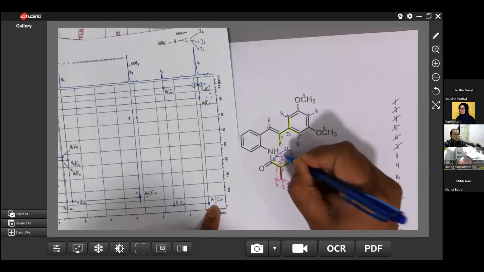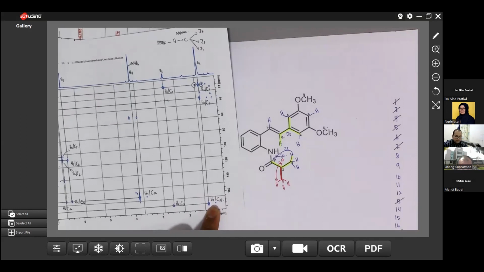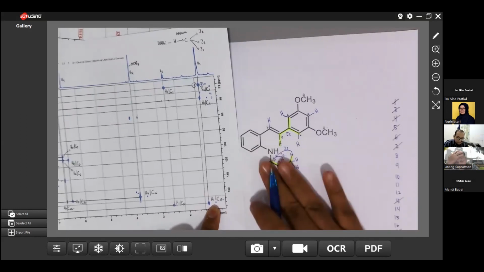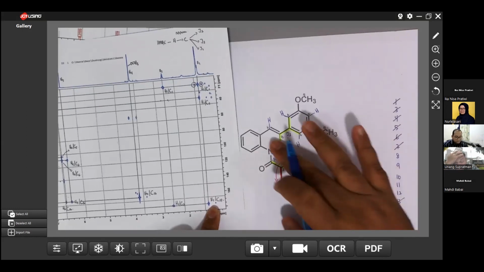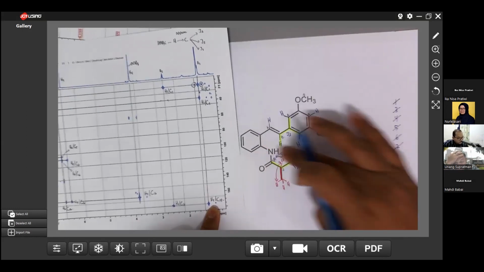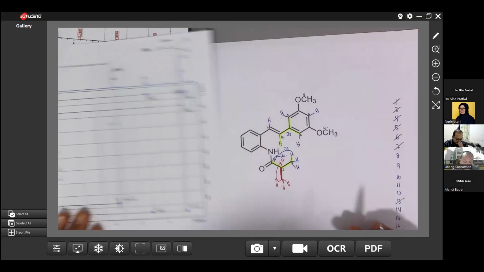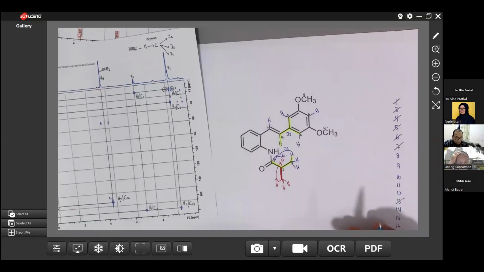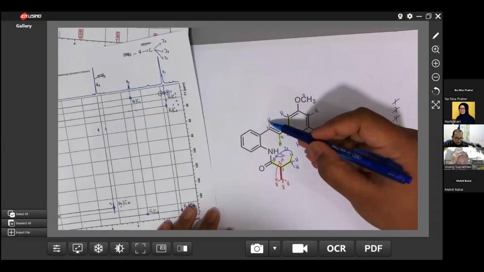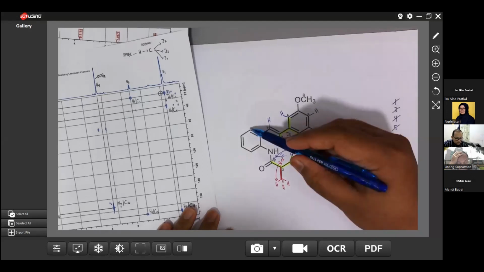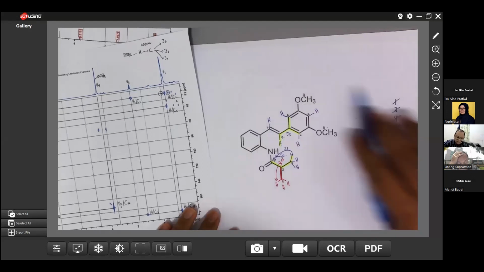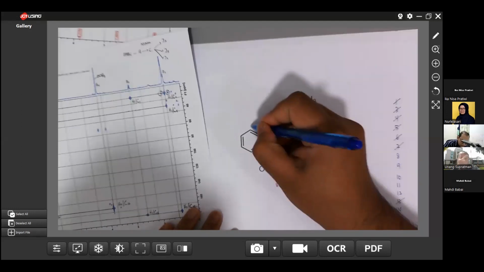We have already done this one, and we have already done this region. So next, what we have to do is see which proton 7 can see, which is the doublets. Put H again here.